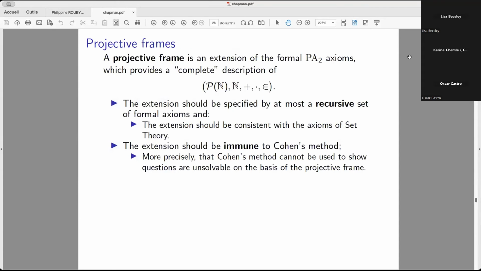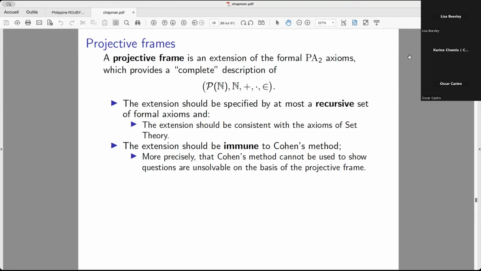So let's introduce the notion of a projective frame. A projective frame is an extension of the formal axioms of second-order number theory that provides a complete description, and I'll be vague about that. The extension should be specified by a specific recursive set of formal axioms. The extension should be consistent with the axioms of set theory. And what does complete mean?